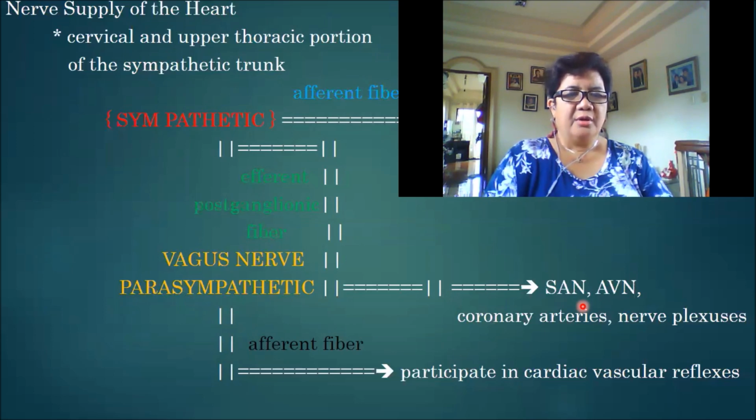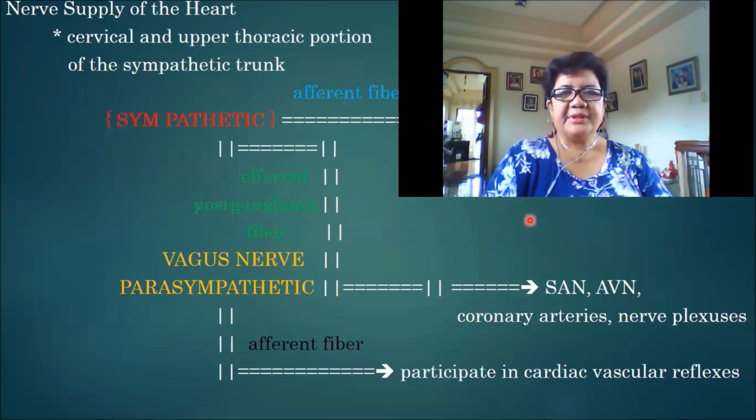So when you have tachycardia, or when your heartbeat goes down, it will be under the influence of your parasympathetic or your vagus nerve.